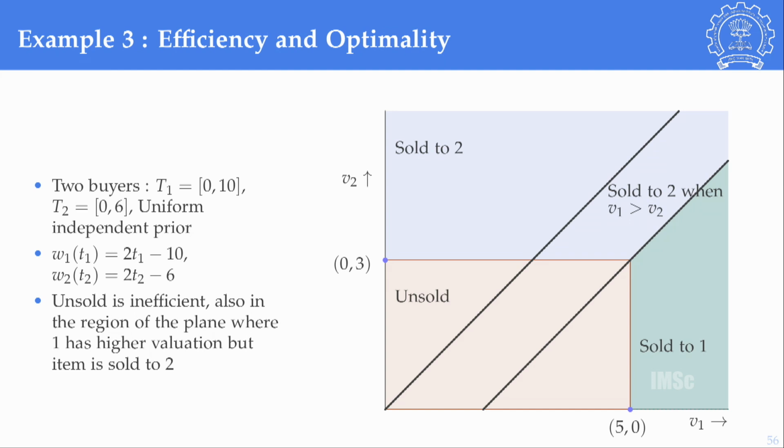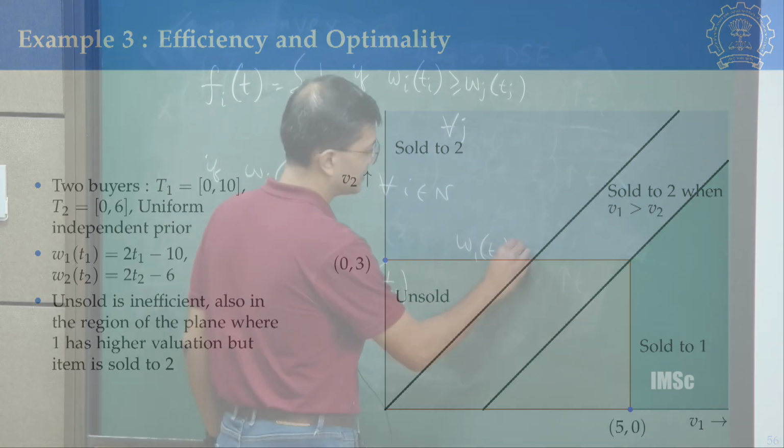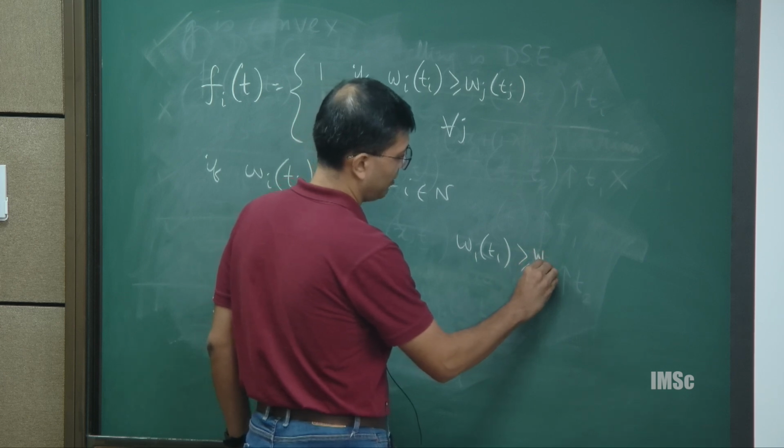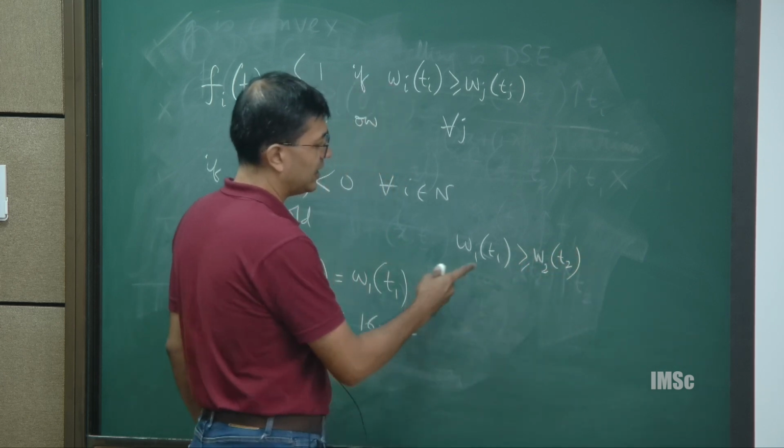Once you have these two lines, so this 2 T1 minus 10 line, which line will this be? Yeah, so this one. No, that is not the correct line. You will have to compare these two numbers, whether this virtual valuation is larger than this virtual valuation. So W1 T1 is greater than or equal to W2 T2 under this region.